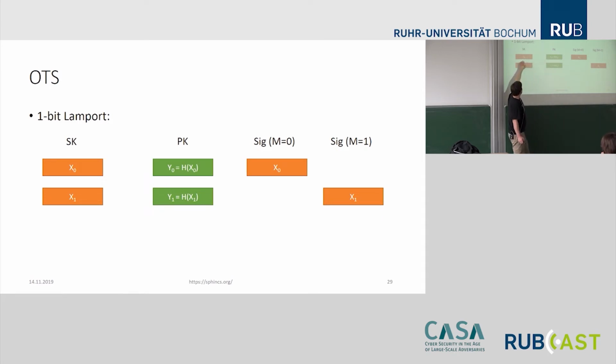This means I can answer all the signing queries. If the adversary forges, it will give me a preimage of one of these two values. But the adversary doesn't know from which value I actually computed this hash, right? So as this function is no permutation, there's a high chance that there are actually at least two preimages, and that the adversary will give me exactly the one that I didn't know, which would mean I found a second preimage.